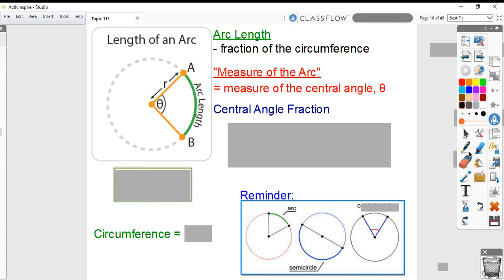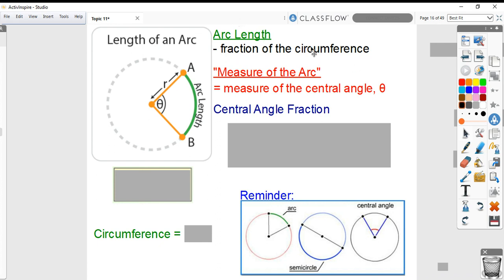Now, something important to remember is that on a semicircle, the angle inside of half of a circle would be 180 degrees. A full circle would be 360 degrees. We're going to talk about that here in a second. This picture right here is highlighting an example of a central angle. All right, so that's our reminders. That's what you'll need to fill in on that part of your page.